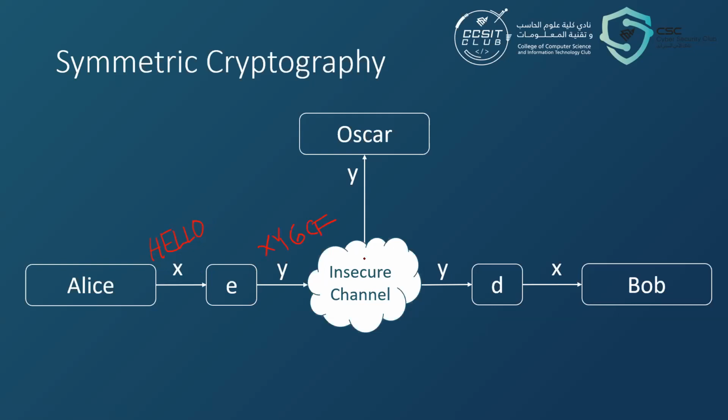This is the text that everyone can see in the insecure channel. After the message gets to the decryption function on Bob's side, Bob gets the original message back. As you can see, our problem now is solved. Alice and Bob can see the original message, while everyone else in the middle can only see a scrambled message.